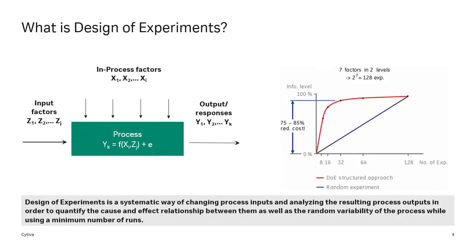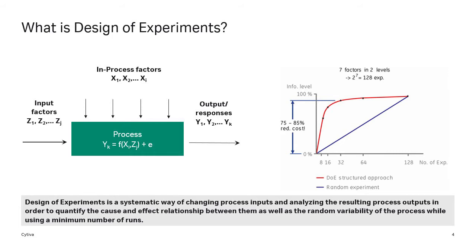Those would be the Z factors in the cartoon to the top left. We would also have a number of in-process factors within this unit operation that we can control, which we're optimizing and trying to understand better. Those would be the X factors on the cartoon.